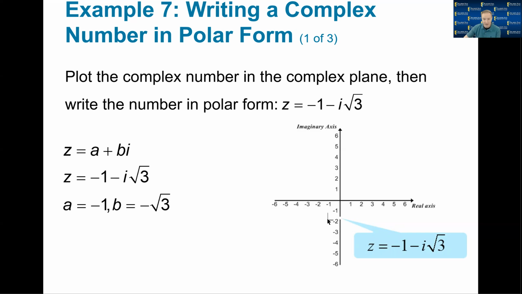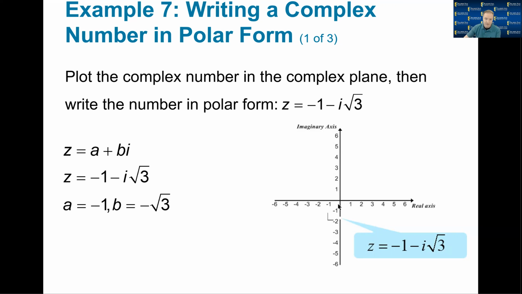So you can see that's why my little arrow there is not quite all the way down to -2. It's supposed to be pointing to the ordered pair (-1, -1.732).